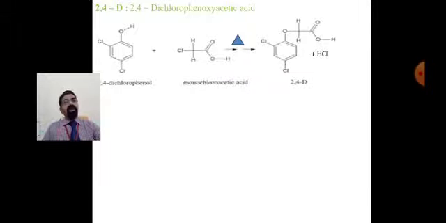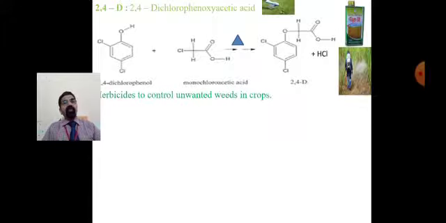Then what are the uses of 2,4-D? 2,4-D is mainly used as a herbicide. Herbicide means it controls the unwanted weeds in the farmer's field of crops.